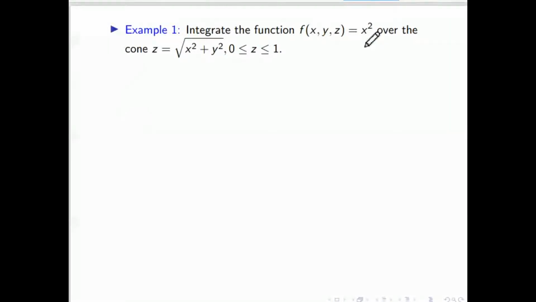Give me a parameterization of this cone, with some x value, y value, and z value.